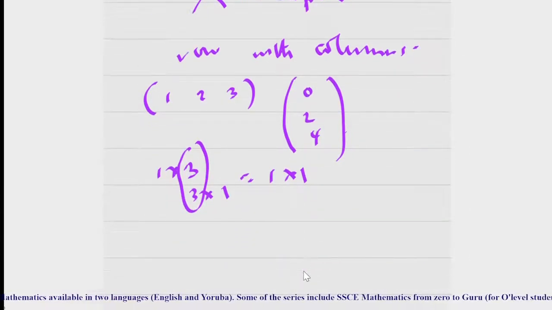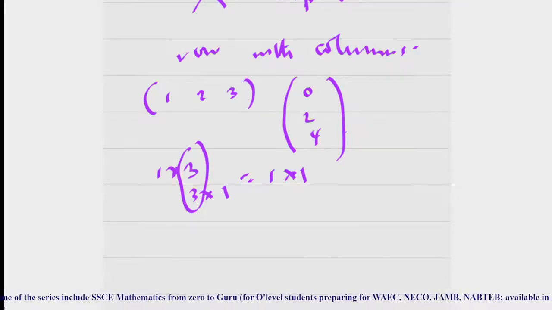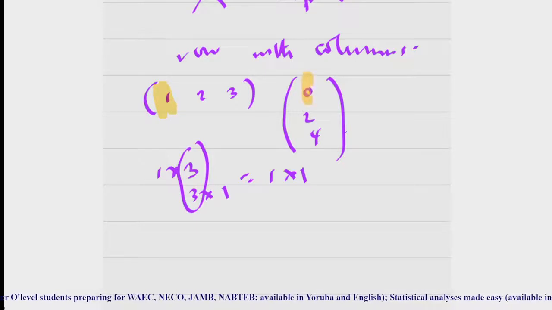So if you now want to multiply them together, let me just give you this basic so that if you understand it, you can apply it to a more complicated situation. You take the first element here, multiply by the first element here.